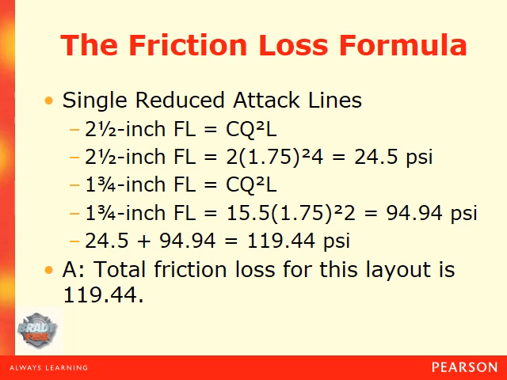We multiply it all out together, and you get 94.94 psi. We add both of those together to get our total friction loss. So in order to get the desired gallons per minute out of both lines, we need a minimum pump pressure of 119.44 psi.